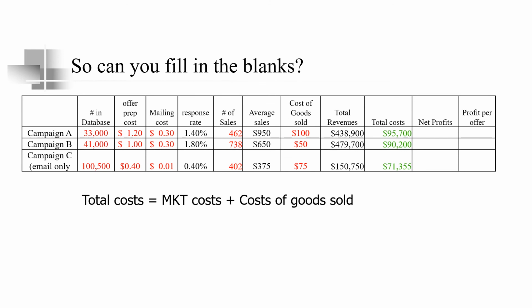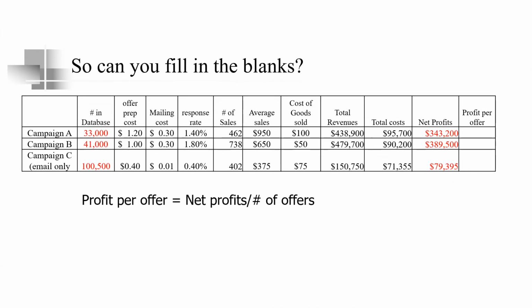Okay, well, once I have costs, then I need to calculate net profits. Well, net profits are pretty simple to calculate. They're revenues minus costs. Straightforward, simple enough. And then, of course, the last calculation we would like to make is the profit per offer. That is, for each offer I sent out, how much money did I make?